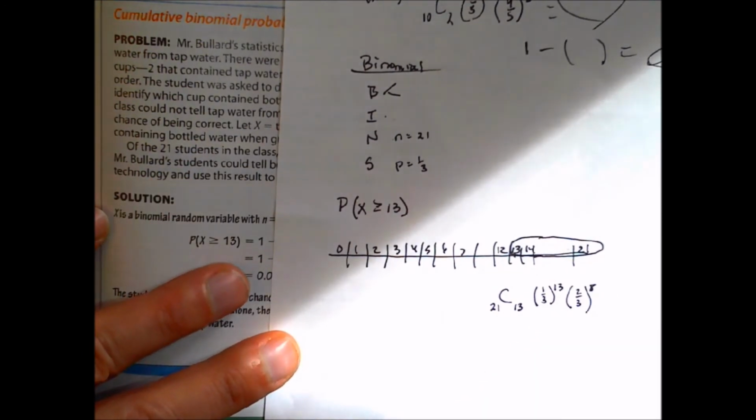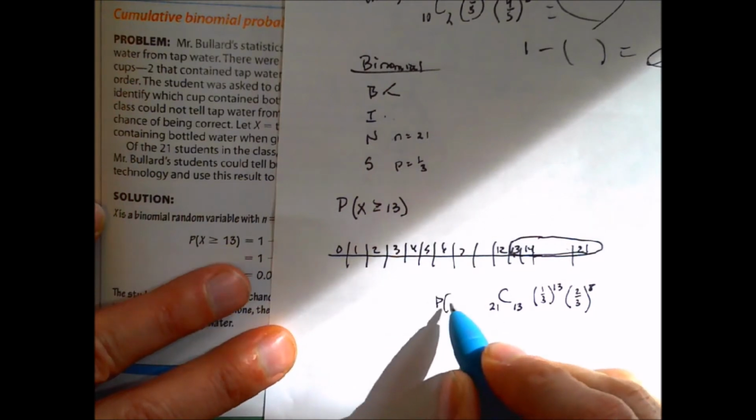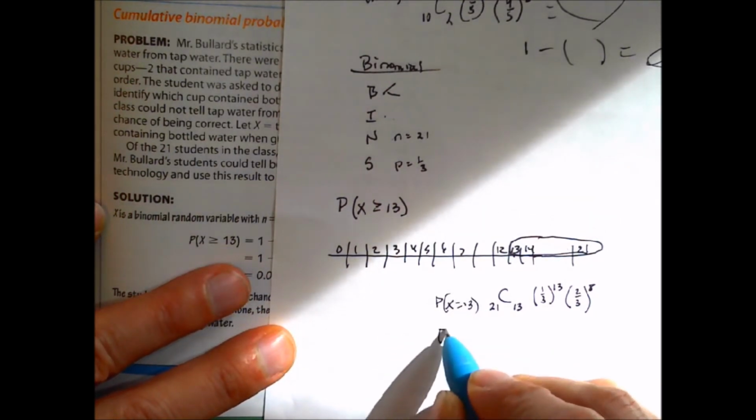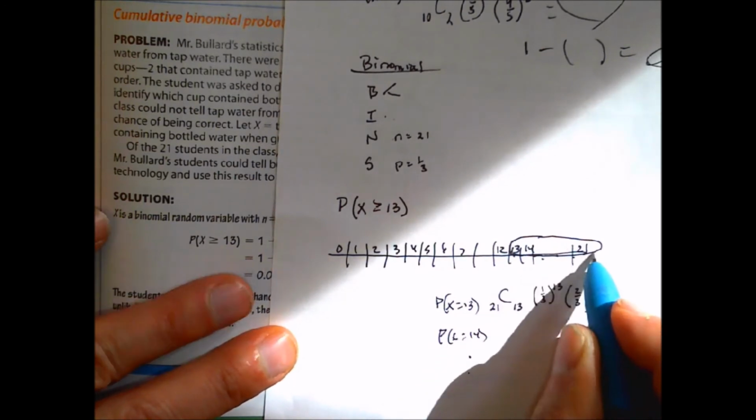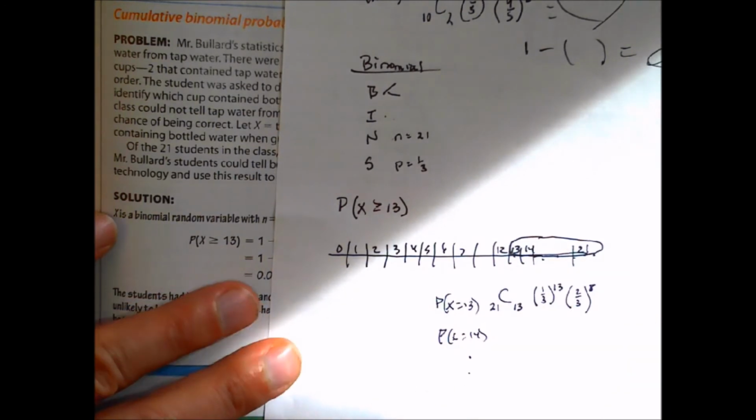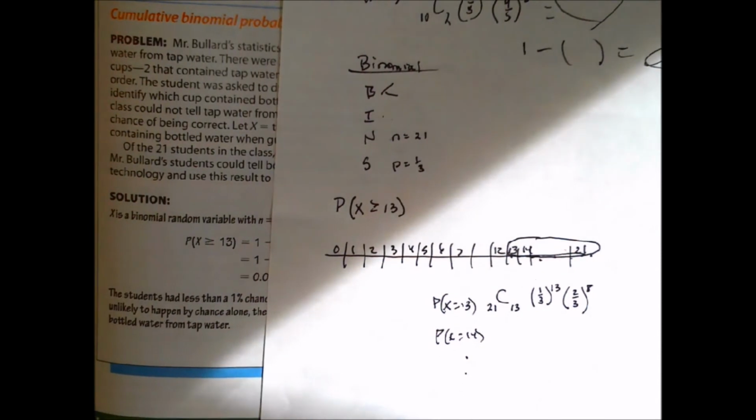And then this is the probability x equals 13. Then you'd have to find x equals 14 and 15 and 16 and 17 and 18, 19, 20, and 21. So you'd have to add all those together. I'm going to show you on Desmos real quick how to find that, so we'll go to Desmos and record that, and I'll put that in here.